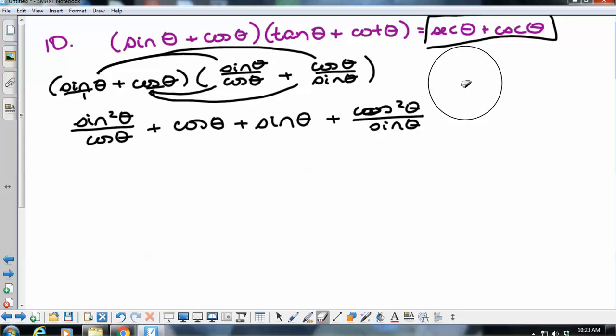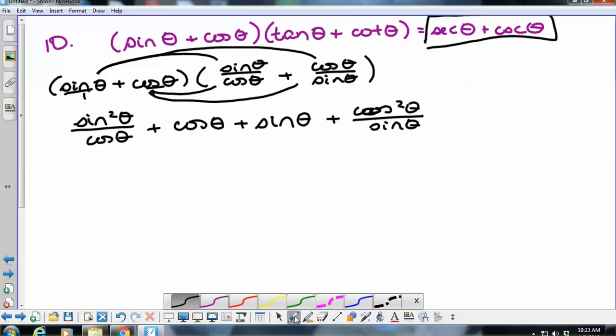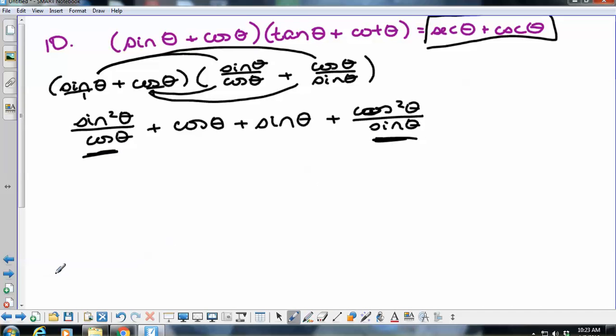Alright, where from here? That makes it so much easier. Well, we could combine these. If I want to add these fractions together, what do we need? Cosine theta sine theta. Okay. That's going to be kind of ugly, isn't it?